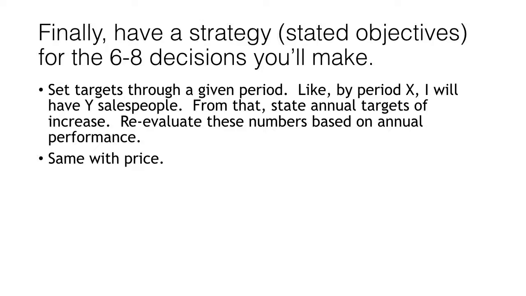So you might say, set targets for these different things you're going to do. Set targets through a given period. For example, you might say by period 6, I will have 350 salespeople. And then say that equates to X amount per year.